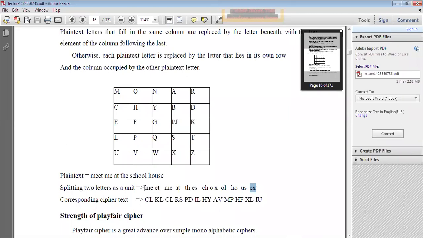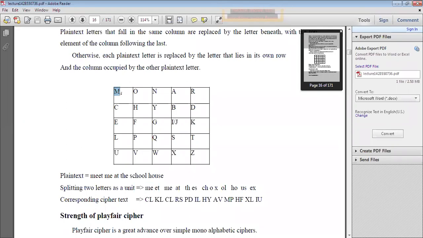After splitting into 2-letter words, now we consider how to convert this plain text into ciphertext. First, we consider ME. We check whether the 2 letters are in a column, row, or rectangle form.